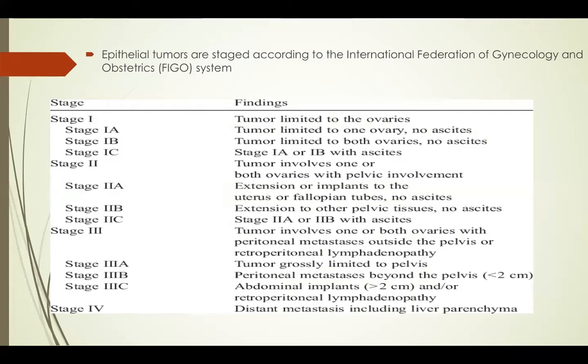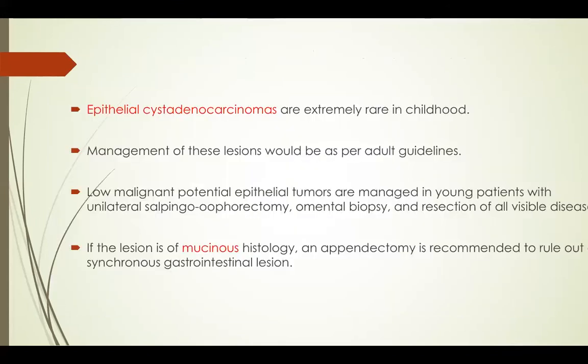As we said, epithelial cell tumor is less common in childhood. Epithelial cystadenocarcinoma is extremely rare in childhood. Management is as per adult guidelines, so mainly they are referred to gynecologists.